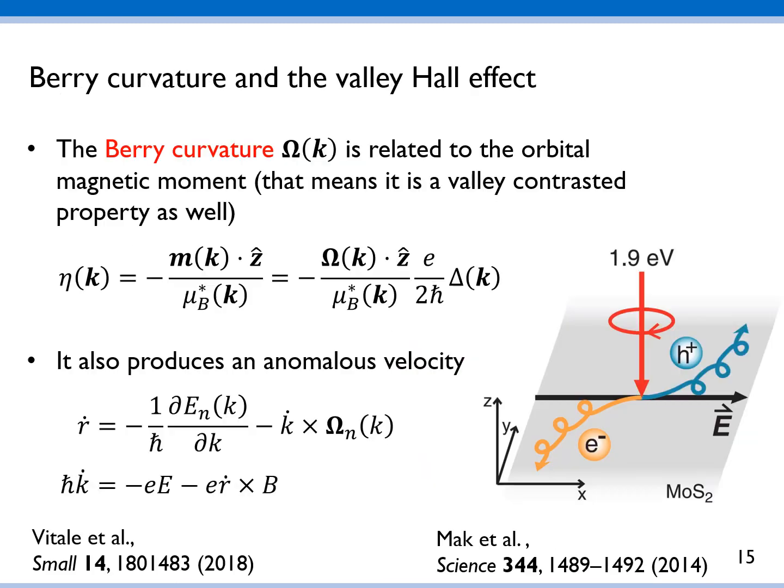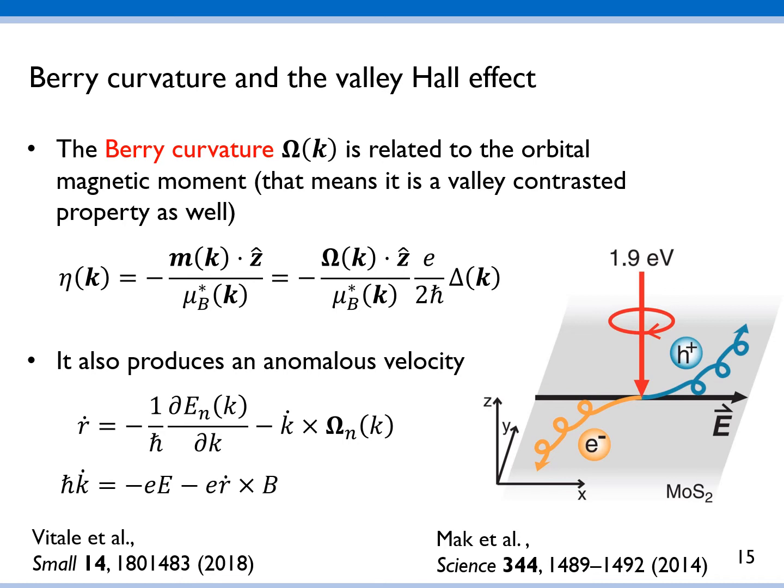Another property that deserves our attention is the Berry curvature omega. This Berry curvature is related to the orbital magnetic moment m and to the polarization eta, as we can see here, so they are quite closely related, and thus the Berry curvature is a valley contrasting property as well. Furthermore, and very importantly, the Berry curvature produces an anomalous velocity for our particles.